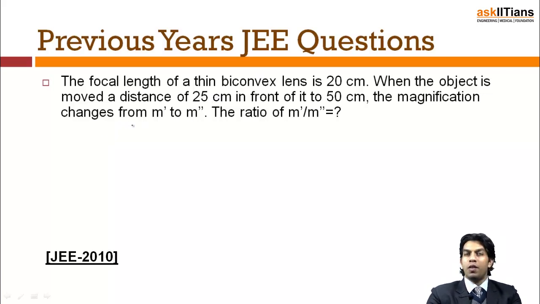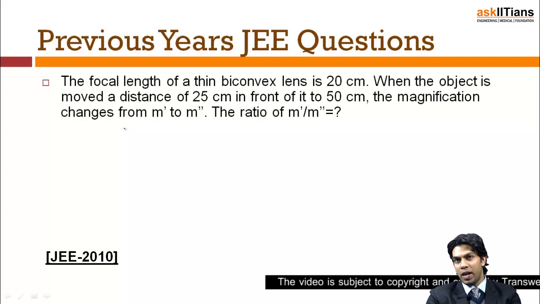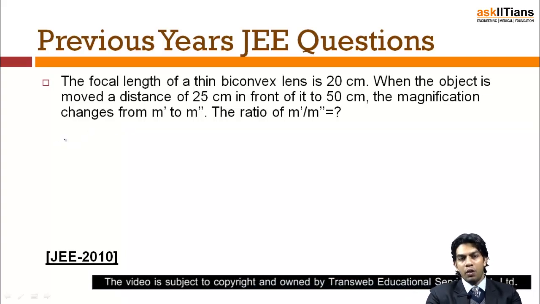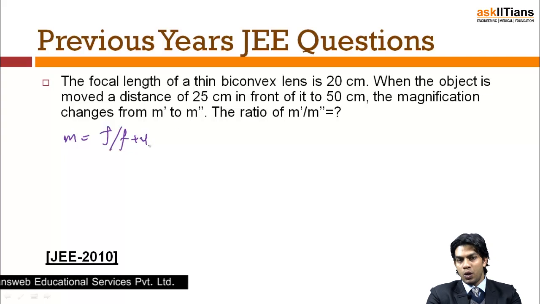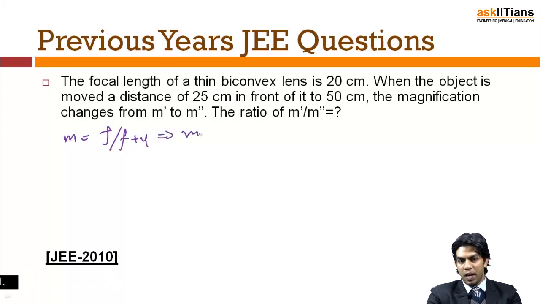The focal length of a thin biconvex lens is 20 cm. When the object is moved from a distance of 25 cm in front of it to 50 cm, the magnification changes from m dash to m double dash. The ratio of m dash to m double dash is? I know that the magnification in another form is given by f by f plus u. So m dash equals 20 divided by 20 minus 25, which comes out to be minus 4.